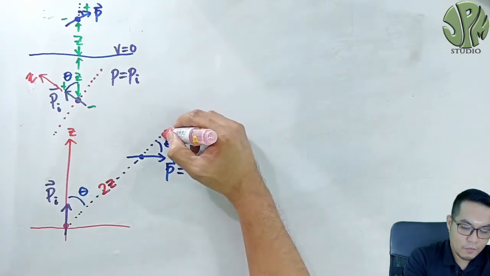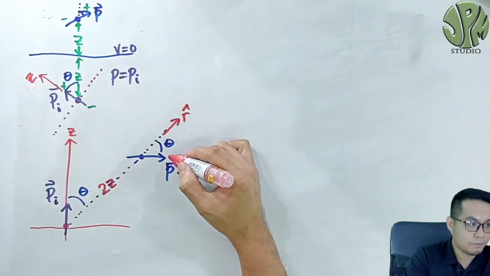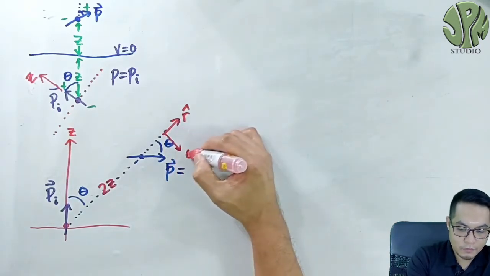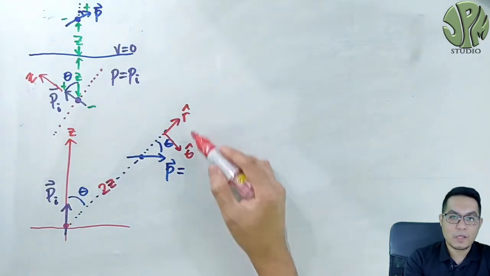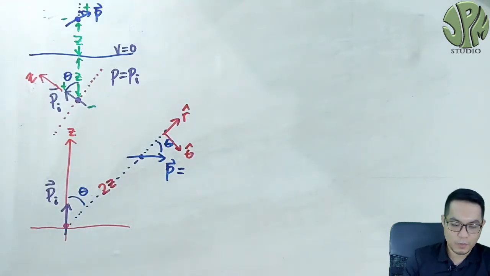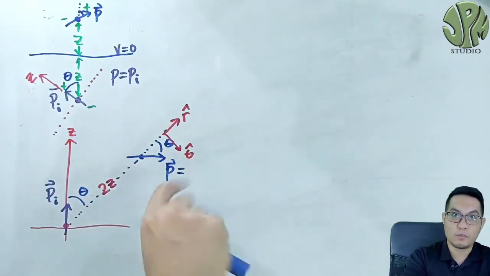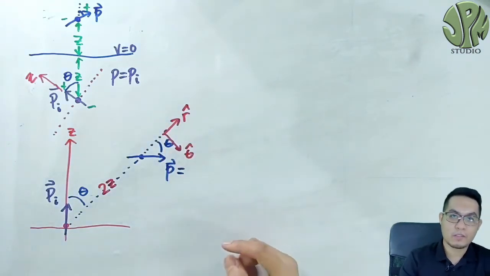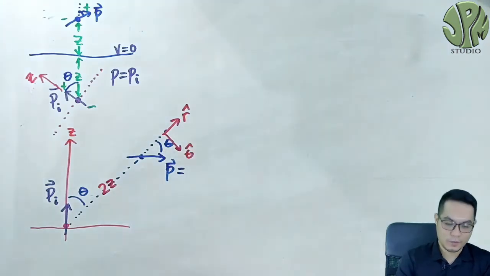I can let this be the r hat direction, and perpendicular to this, of course, is the theta hat direction, such that our dipole will now have an r component and a theta component. Take note, we are assuming here that our dipole is along its own z-axis. So it has an angle theta with respect to z. The z-axis always has an angle of theta with respect to the r-axis.